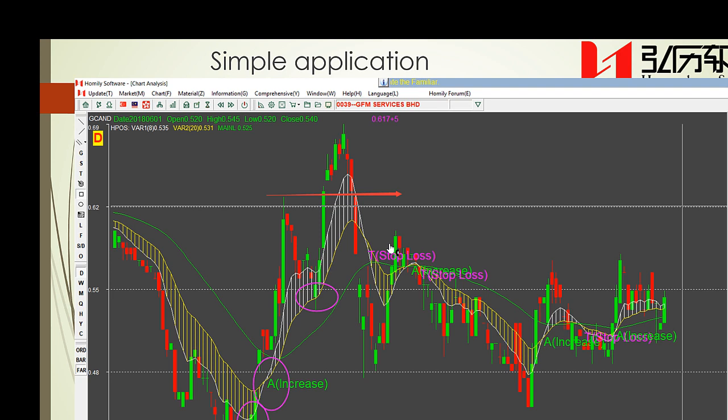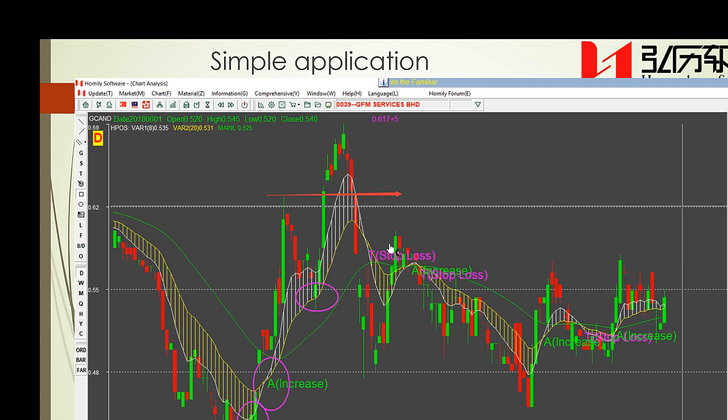So here we should know about this. Once we see the price cannot get support from this line, we should sell it. We should sell it once it cannot get support from this line. So we can see from here to here is a very short time, right?